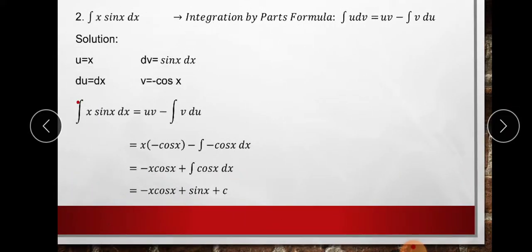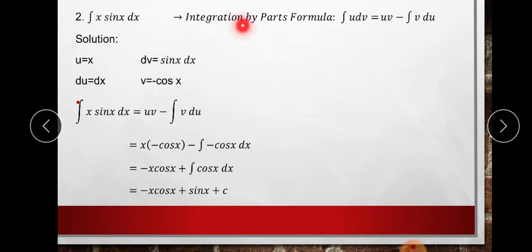Example number 2. The integral of x times sine x dx. For this problem, we need to use integration by parts.